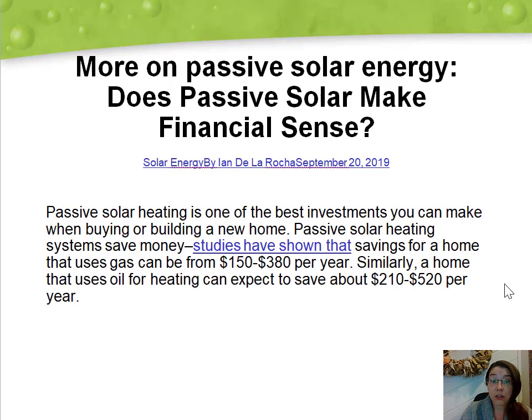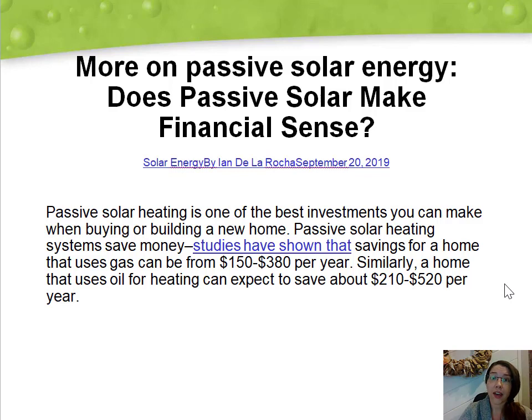So it is important to note that passive solar is something that needs to be considered when you're buying a new home, or you're building or designing a new home or building from scratch. It's not for installing in your current home. To install a passive solar heating system in your existing home, it would require you to completely demolish your home's interior, reposition windows, add insulation or roof overhangs, and a lot more.